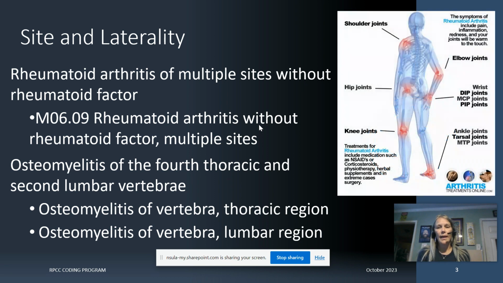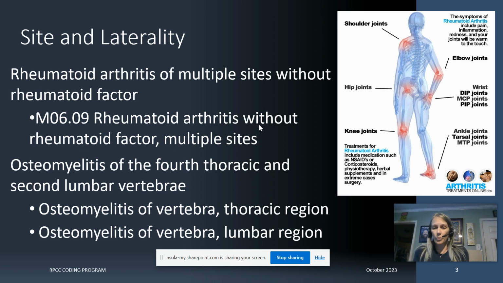All right, site and laterality. So there are some guidelines associated with this. Sometimes you're going to find a code where it's going to say that there are multiple sites. And so in this case, we can use the code with multiple sites instead of listing each site in multiple codes. So for this particular one, it's rheumatoid arthritis of multiple sites without rheumatoid factor.